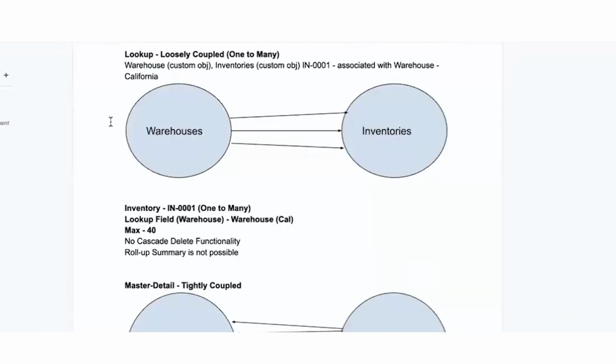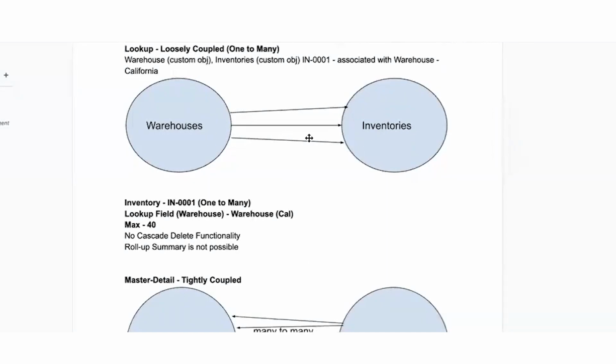Loosely coupled, which is called a lookup relationship, where one object record is looking up to another object record for information that, hey, if it is inventory 001, this inventory is stored in the California warehouse. Another inventory IN002 is stored in Fresno warehouse, and so on and so forth. So inventory is looking up to warehouse for information.